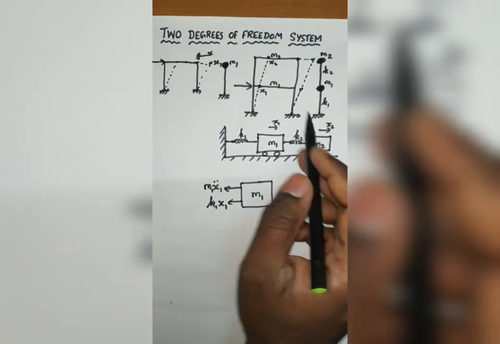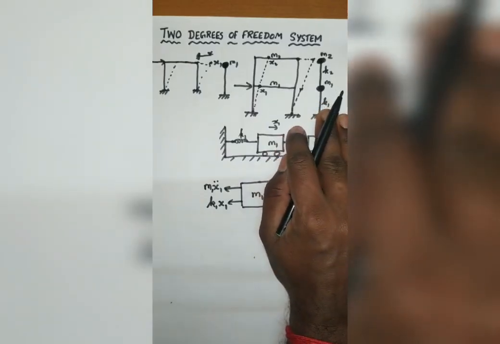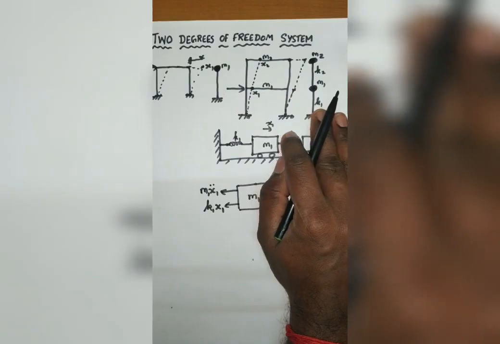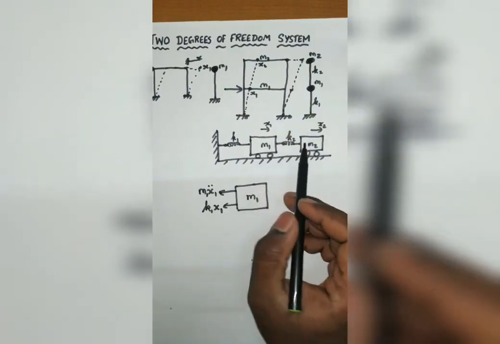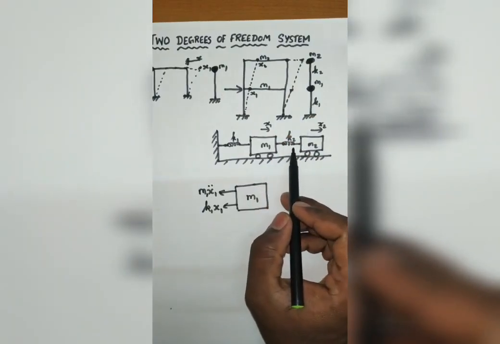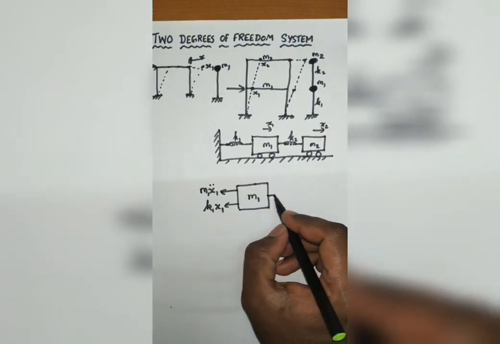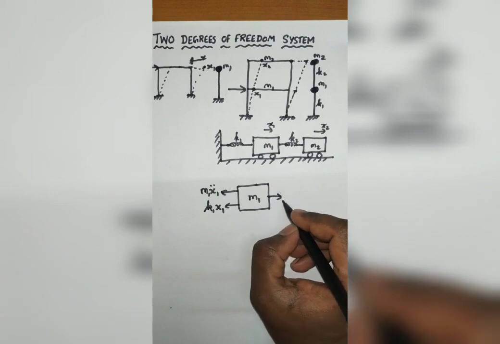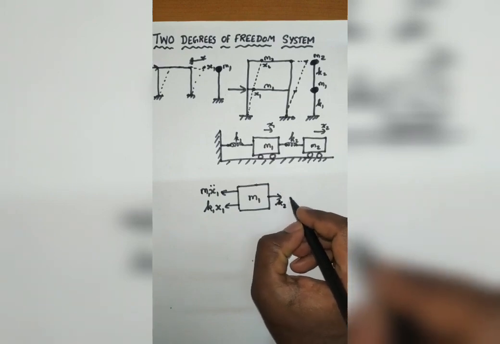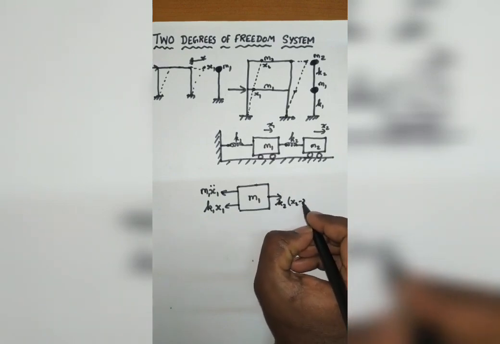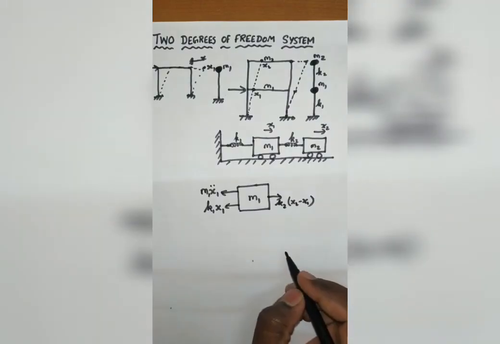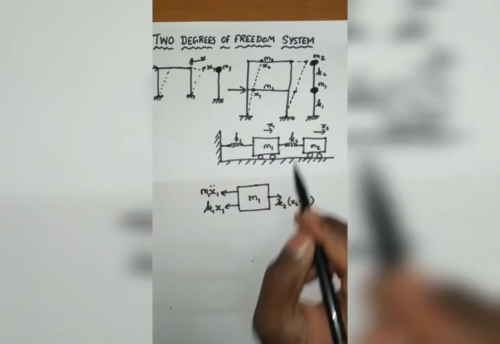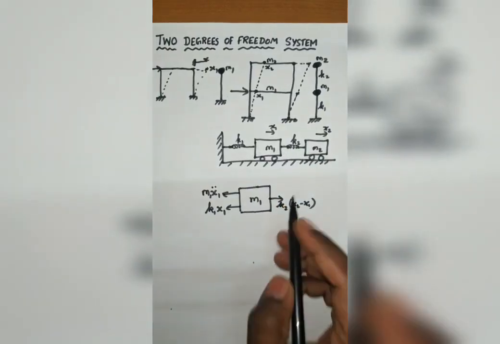In the single degree of freedom system, I may not have this portion, I'll be having only this portion. So I will not draw any force here, but here there is an additional stiffness. Because of that, I'll be having a stiffness effect, which is K2 of x2 minus x1. So that kind of stiffness force will be acting at this position, right?